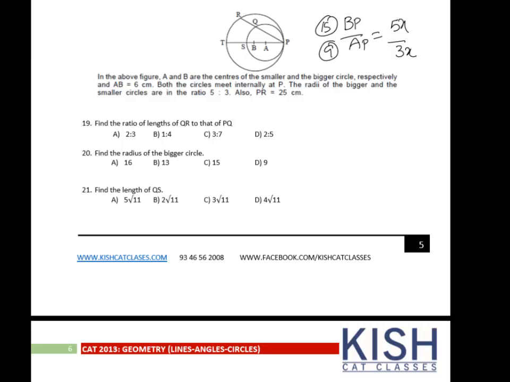You should apply the concept that you have already known. Just apply them. Find the length of QR to that of PR. So what is QR here?